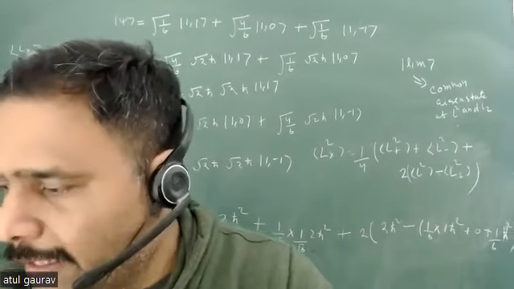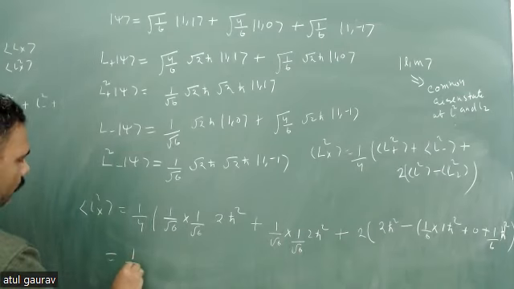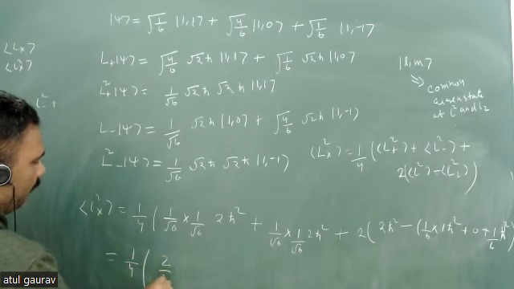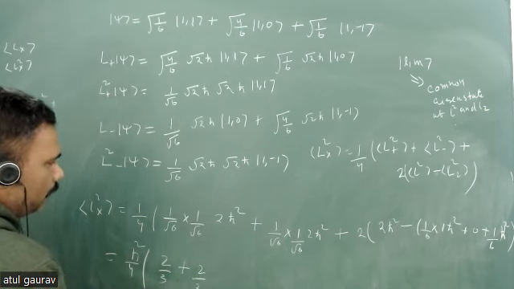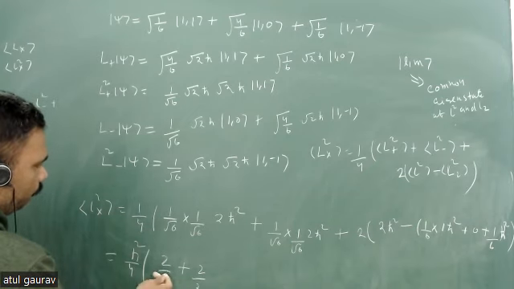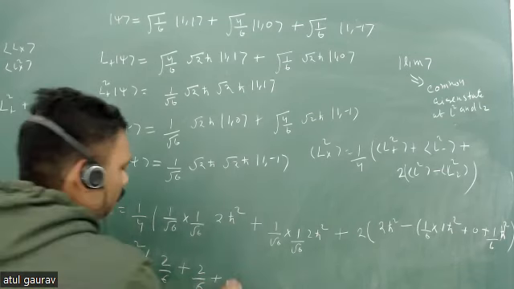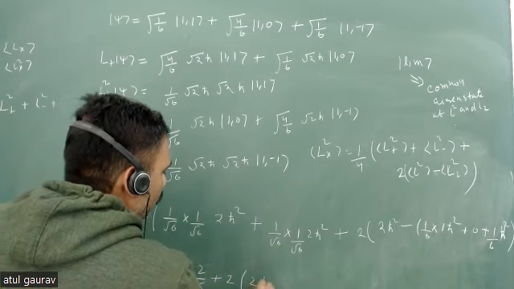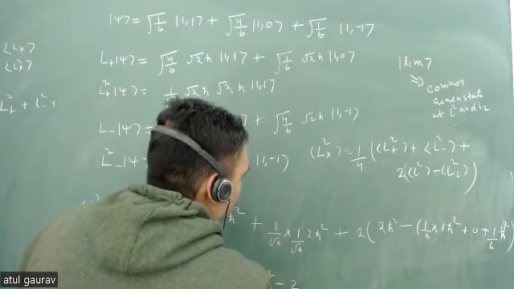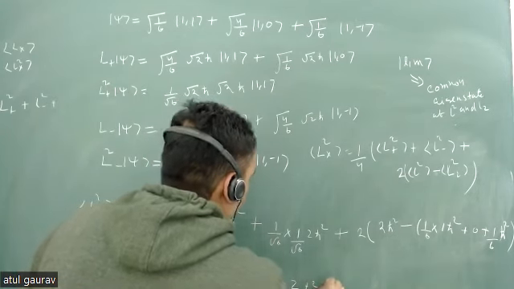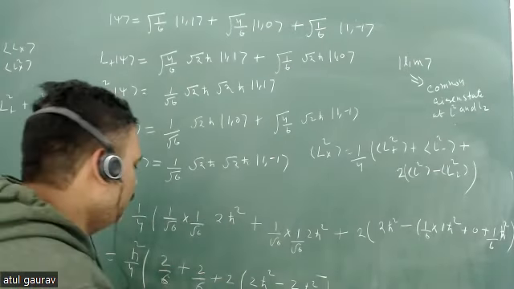See how interesting this problem has become. So 1 by 4 is there. So 2 by 6, and h cut square I can take outside. 2 by 6 plus 2 by 6 plus 2 into 2 h cut square minus 2 by 6 h cut square. I have deliberately left the 6 at the bottom.